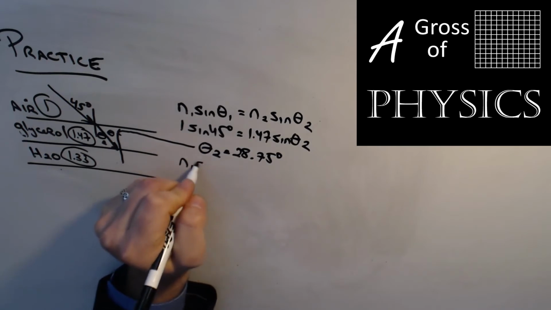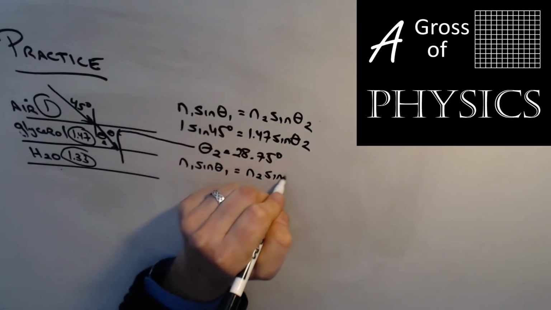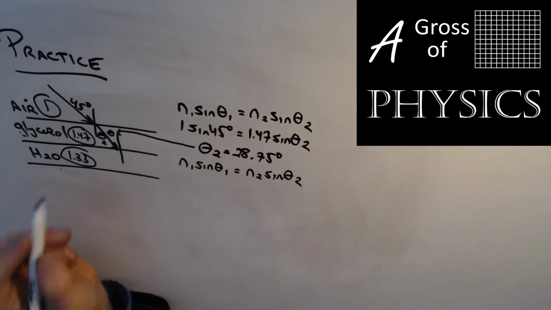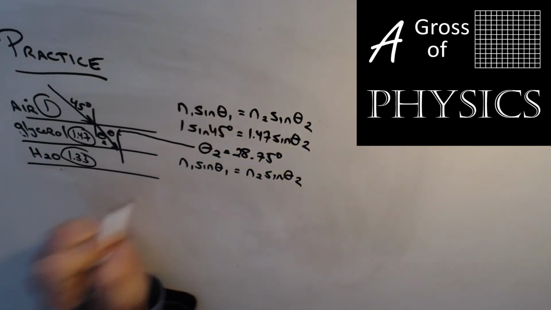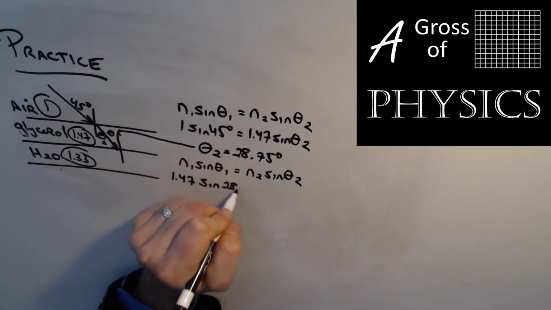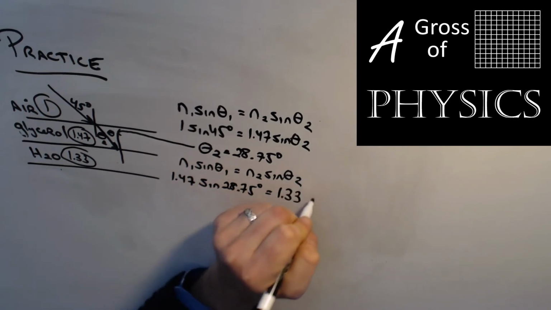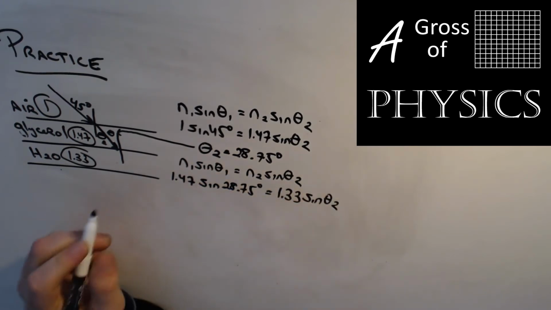So we do it again. n1 sine theta 1 equals n2 sine theta 2. n1 is 1.47, sine 28.75, n2 is 1.33, sine theta 2.